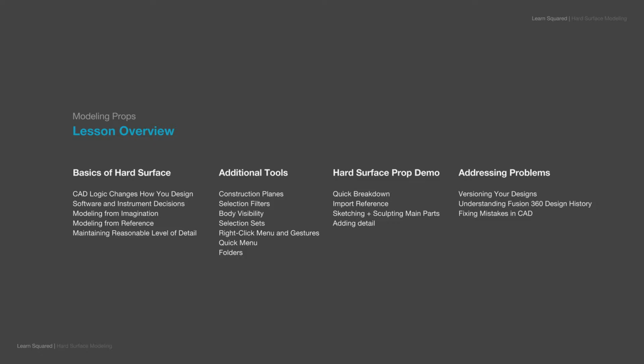Which again brings me to the last topic in this subcategory in this chapter, which is maintaining a reasonable level of detail. Maintaining a reasonable level of detail means, when you're working on a certain prop, let's say it's about the size of your palm, trying to fill it with an insane amount of detail, first of all, is pointless.